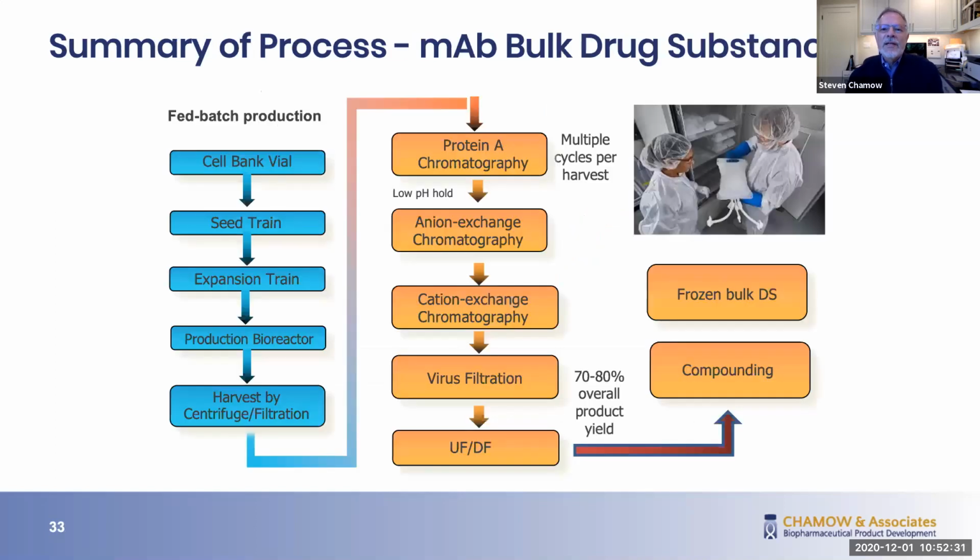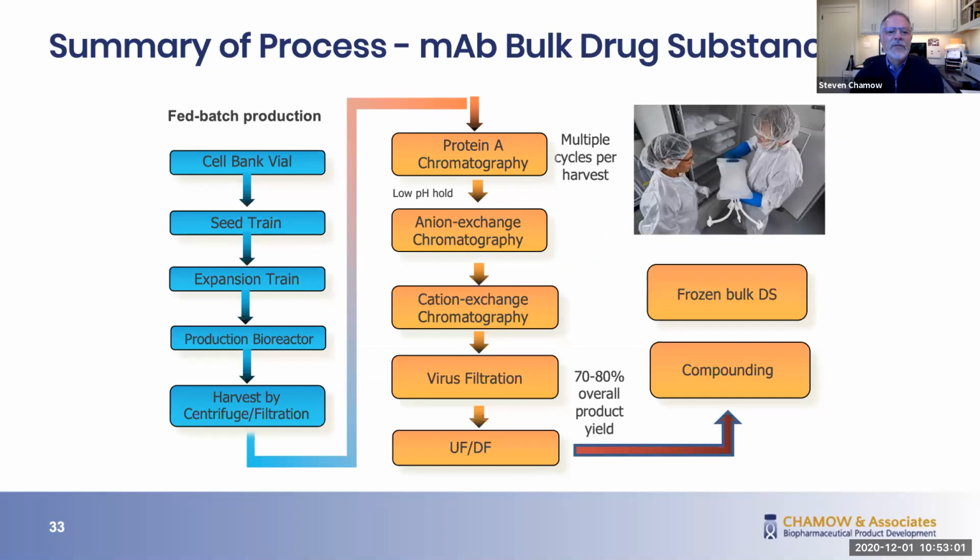So the summary of the process that was used in this case study: the upstream process is shown in blue, the downstream process in orange, leading to bulk drug substance. The fed batch process started with a vial of the master cell bank that was thawed into the seed train, which then became the expansion train used to inoculate the production bioreactor.